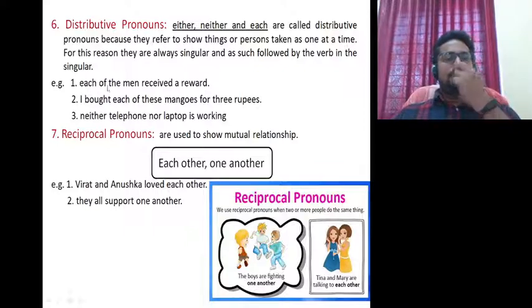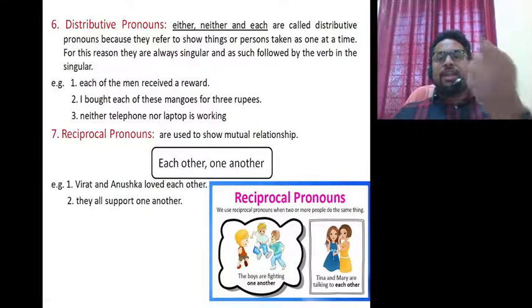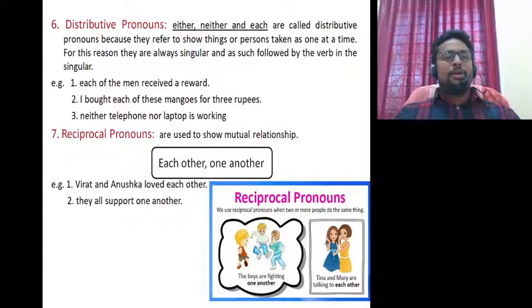Each of them is a distributive pronoun. We are considering one at a time. I bought each of these mangoes for 3 rupees. Every mango cost 3 rupees.